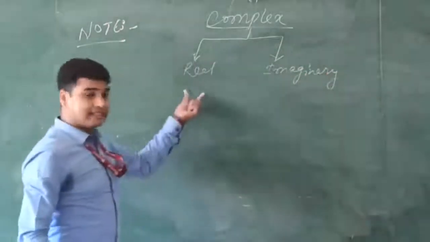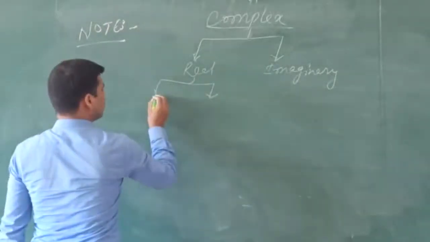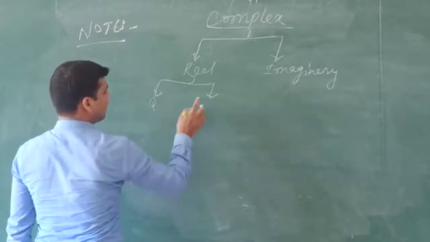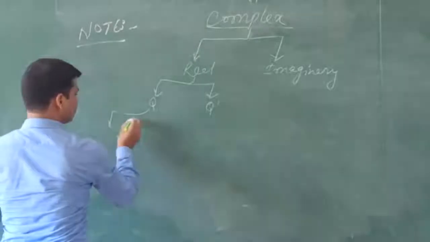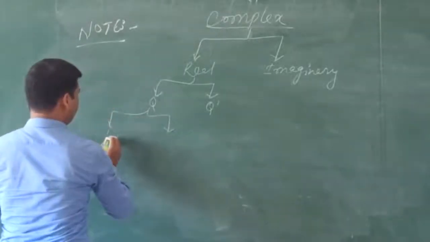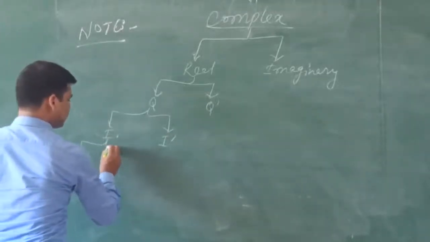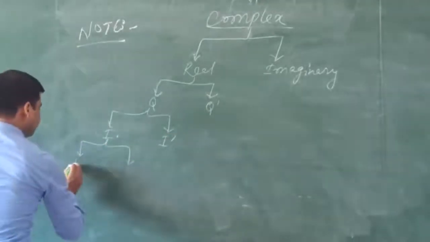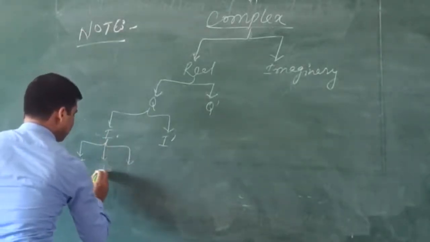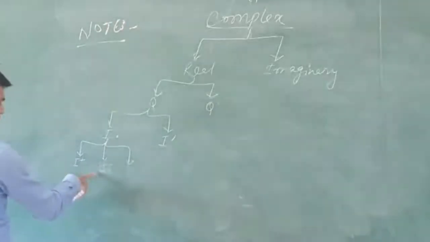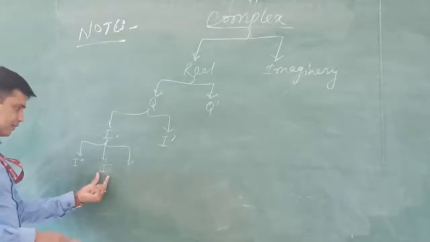The real numbers are the set of rational and irrational numbers. Here I am writing Q for rational, and Q dash for irrational. Rational numbers can be integer or non-integer. An integer can be a positive integer, a negative integer, or 0.